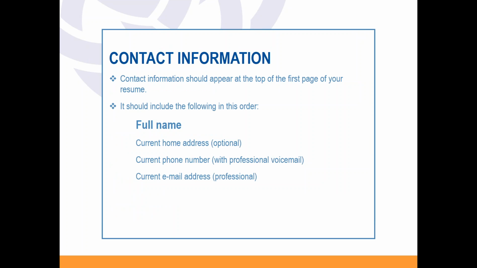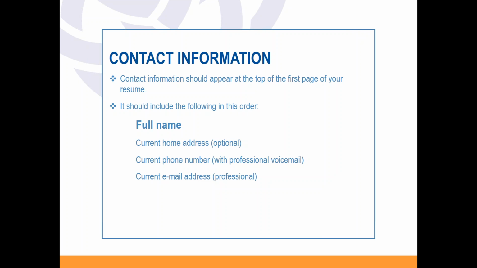At the very top of your resume, you're going to indicate your contact information. This is where you include your name. In most instances, you're going to put your address, but there are individuals who may not want to list their address, and that's optional. Some people just list their city and state. You want to indicate a phone number, how you can be reached, and an email.